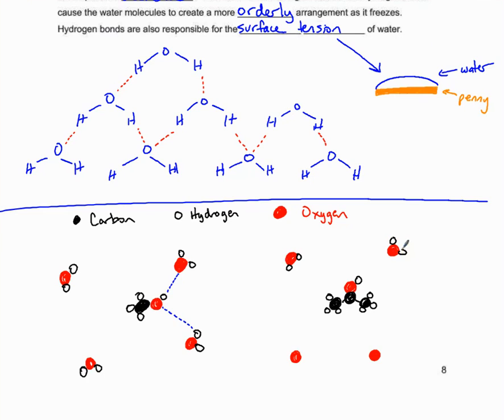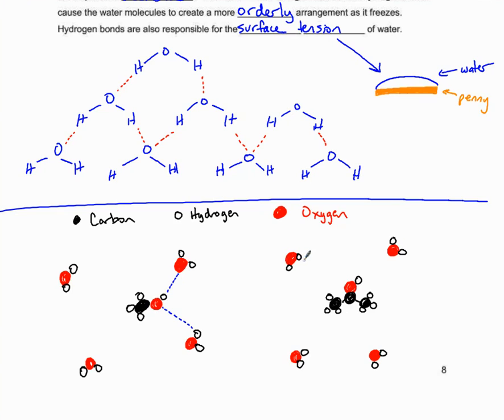So I've got a few different waters here. And so let's draw a dotted line to represent a hydrogen bond. And it's a hydrogen that is interacting with a different molecule, an atom that is highly electronegative.